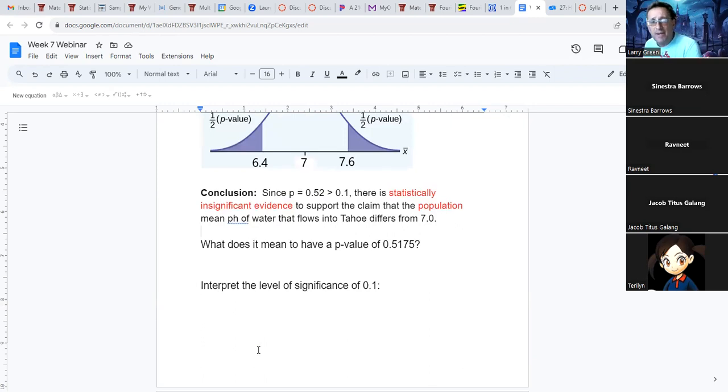Okay, to save a little time, I'm not going to type out what it means to have the p-value of 0.52. I'm just going to say it.